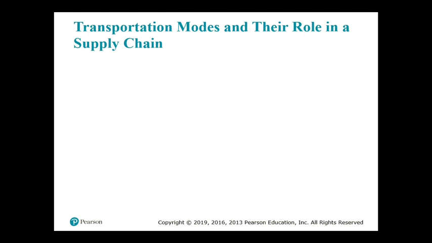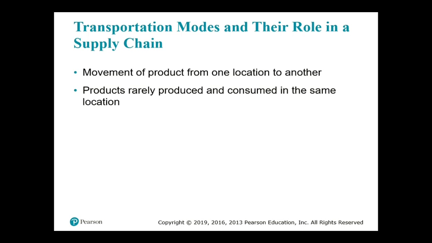Okay, so transportation is basically the movement of products or people from one location to another. In the supply chain, we have transportation all the way from the beginning of the supply chain to serving the end customer and to the return process, the remanufacturing process.